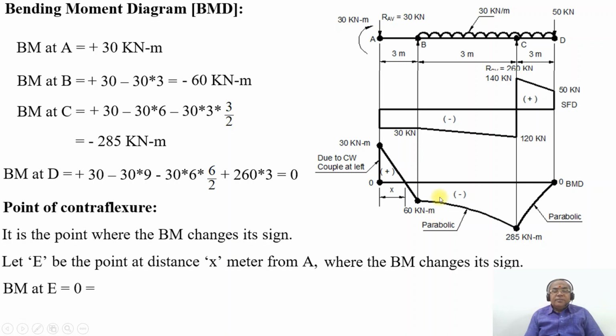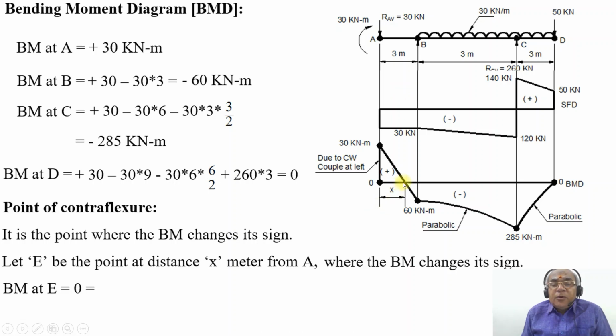The bending moment at the point E will be equal to 0, because the bending moment drops from plus 30 kilonewton meter at the point A to minus 60 kilonewton meter at the point B. As there is the change in sign from positive to negative, we get the point of contraflexure.